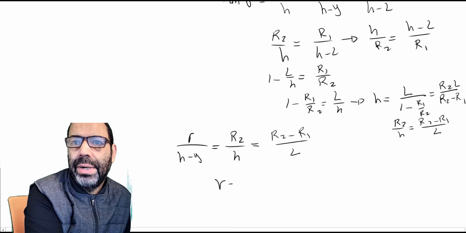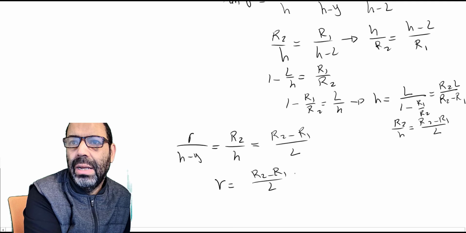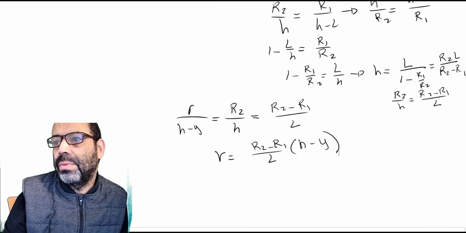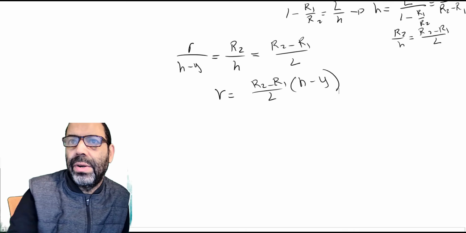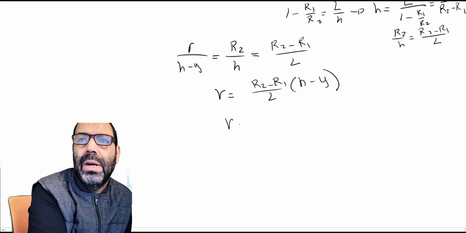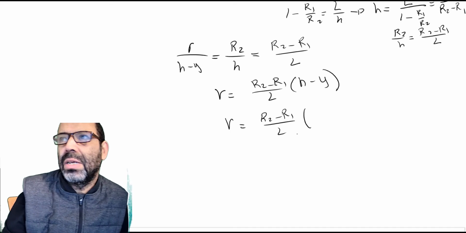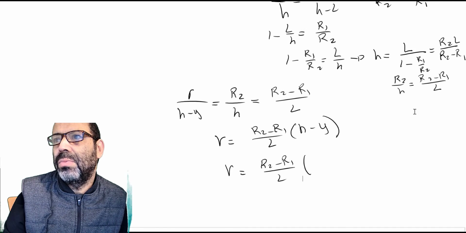So now r is equal to r2 minus r1 over L, that is this ratio, times h minus y. And h is again that term in here, so everything should be fine now if we are careful enough not to make any mistakes in the algebra. So r is equal to, again, r2 minus r1 over L. When you're doing problems like this one, it's a good idea to be methodical and systematic.